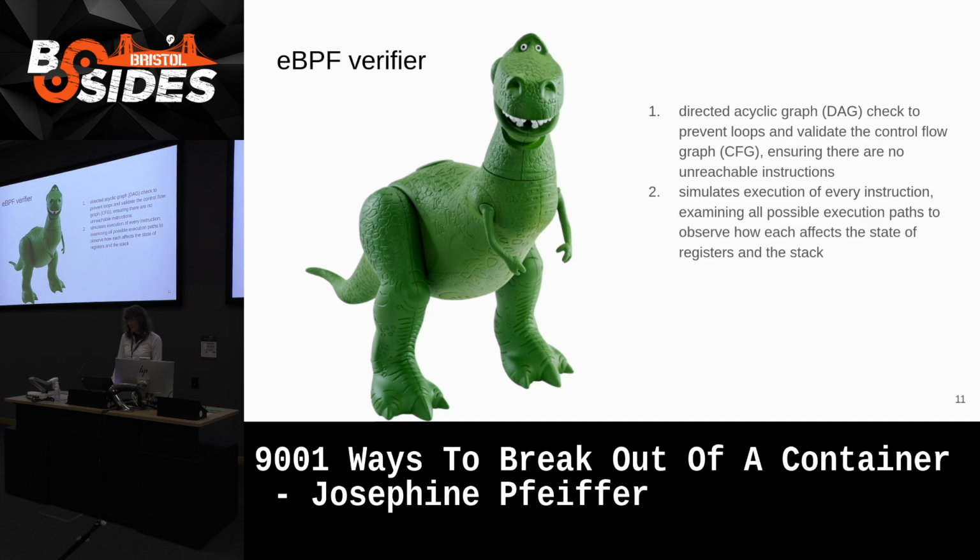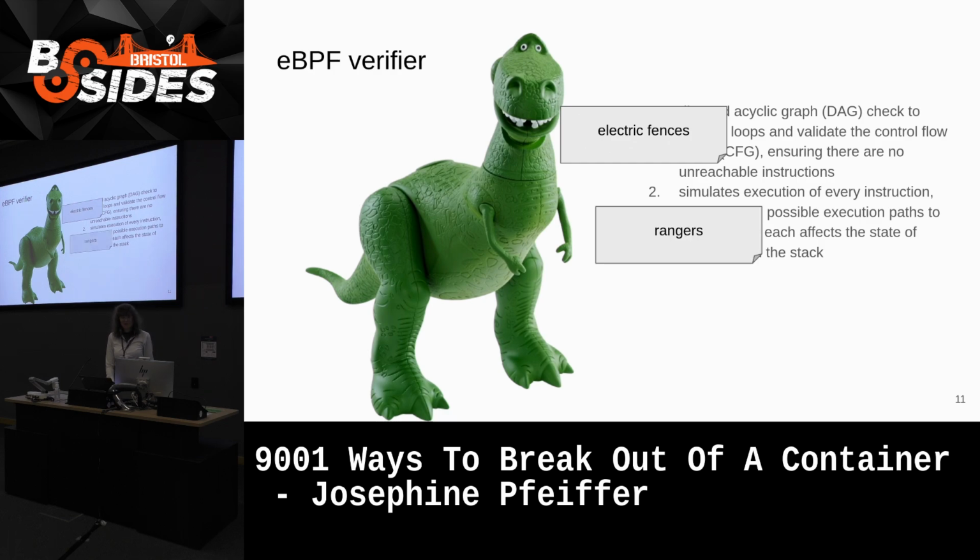And then park security goes and checks the cage and wiggles the lock and simulates all the possible behaviors of the dinosaur. You ensure that the dinosaur doesn't try and headbutt the fence or execute an instruction. So the first part is like the electric fence, and the second part is like the rangers in Jurassic Park terms.